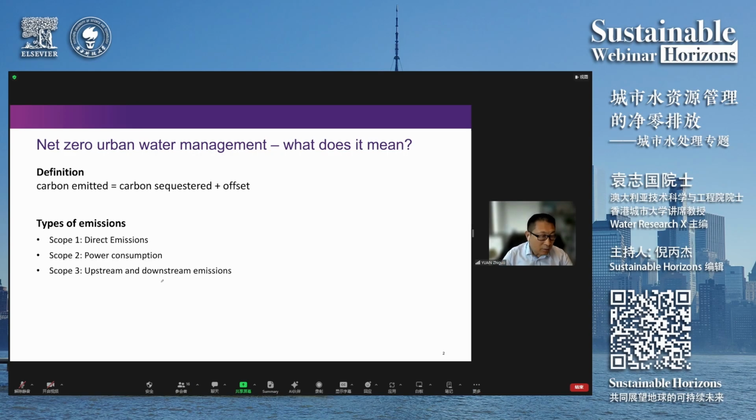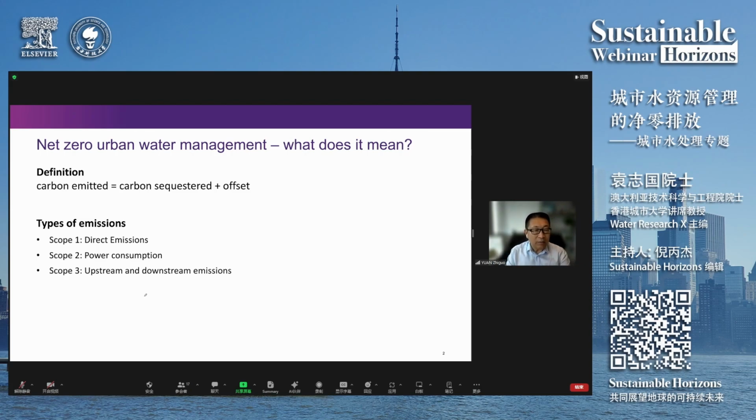And urban water systems emit greenhouse gases. There are three scopes there. Scope 1 is direct emission, basically the greenhouse gases directly emitted by the system itself. Scope 2 is power consumption, CO2 emission due to electricity consumption.